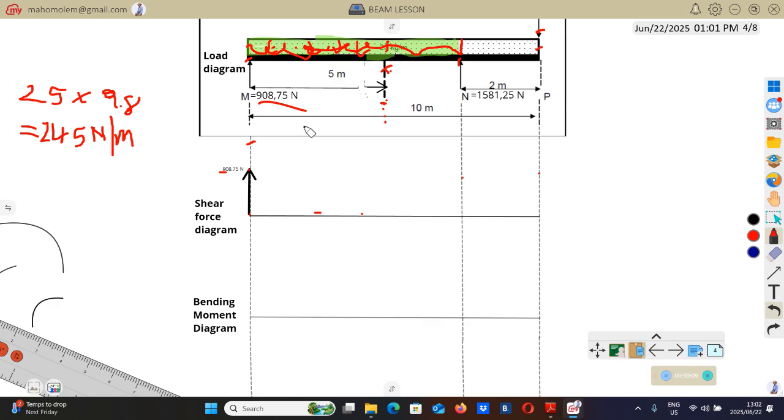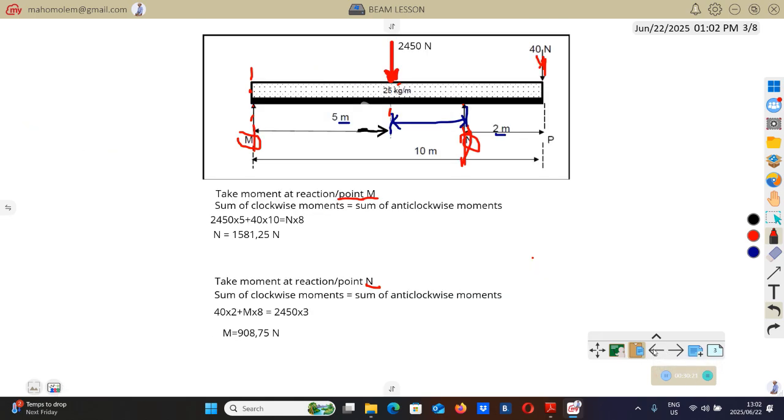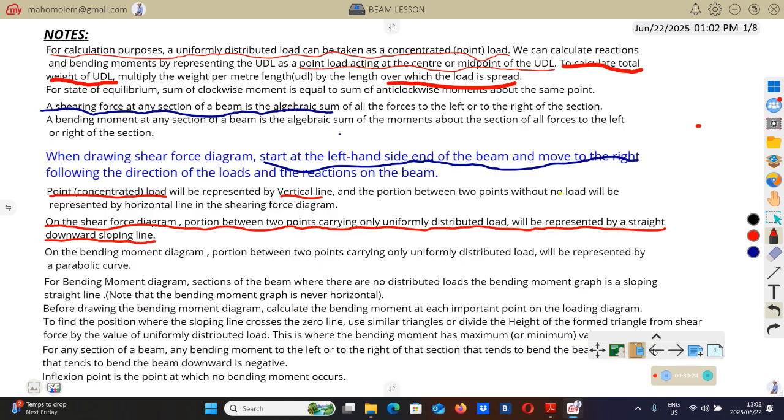Yeah, so that's when you convert. Remember, this is kg per meter, so you convert that kg per meter to Newton per meter by multiplying by 9.81. As I've shown you in the first notes, to calculate the total weight of a UDL, multiply the weight per meter length by the length over which the load is spread.